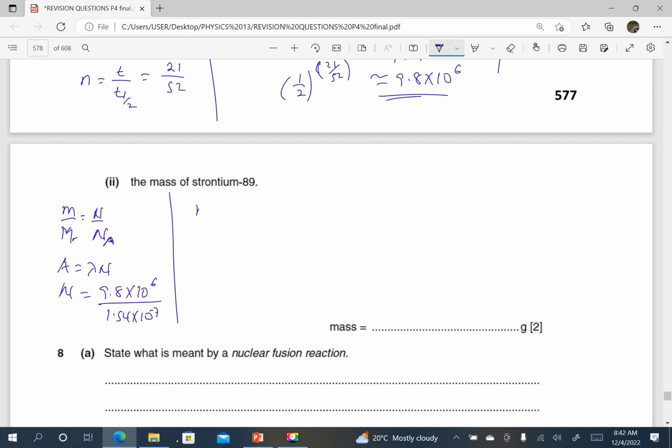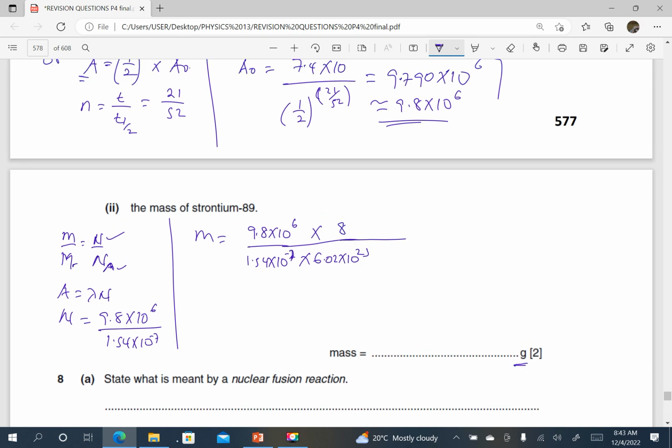Now let's find the mass. So the mass is going to be 9.8 times 10 power 6 divided by 1.54 times 10 power negative 7, that is n. Then divide by Avogadro's number, 6.02 times 10 power 23. I'm just substituting that formula, times the molar mass. It is 89. Because we want the answer in grams, I will just leave it as 89.